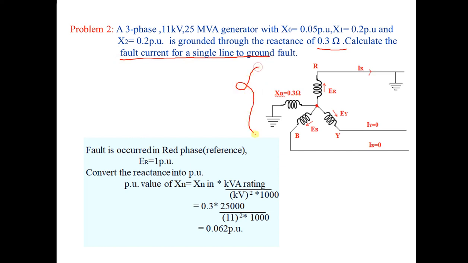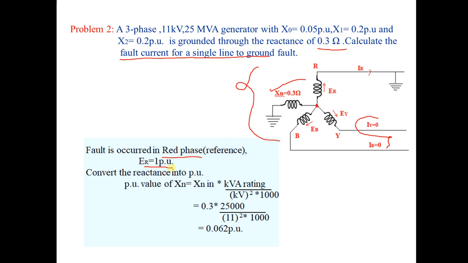So this is the circuit. Okay, so here the grounded through the reactance is 0.3 ohms. The remaining IY, IB is equal to 0. So here it is reference as a red bus. Also ER is 1.1 per unit.